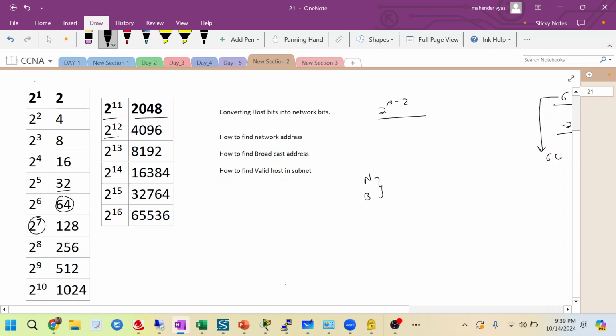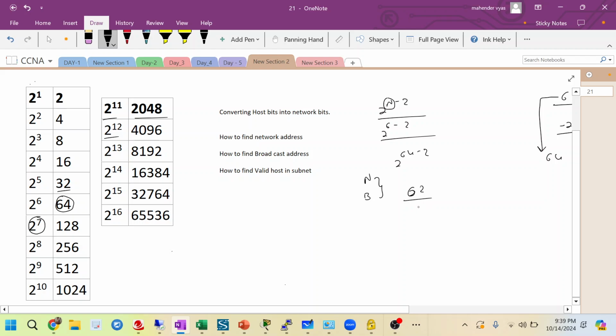Our requirement is 64, so 2 power 6 minus 2 is 64 minus 2, we get only 62 addresses.